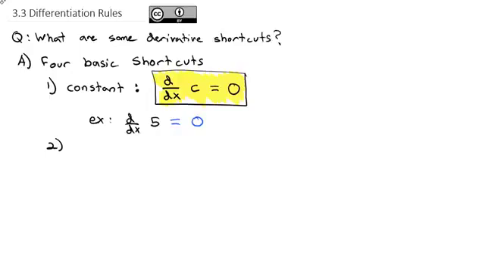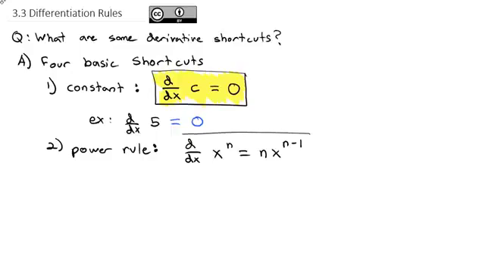The second basic shortcut is the power rule, and this is probably the one we will use the most. And the idea is if we're taking the derivative of x raised to some exponent, we'll pull that exponent out in front, and then we will reduce the exponent by 1.